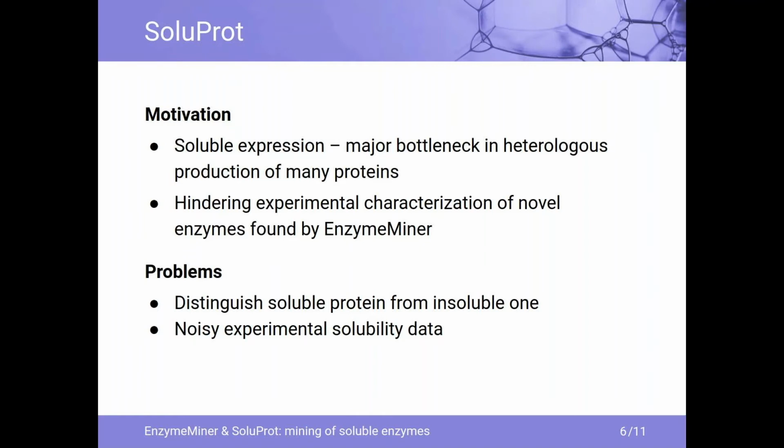So the problem is how to distinguish a solubly expressible protein from an insoluble one. And the problem is hard because we have only very noisy experimental solubility data. It's quite hard to find data sets which were measured by the same method. So we just have rough binary data on whether the sequence was successfully expressed in soluble form or not.